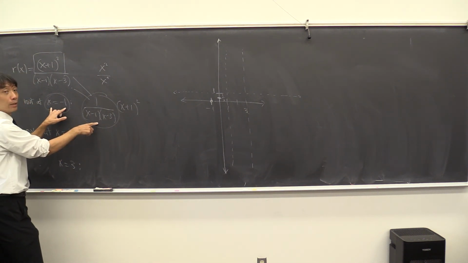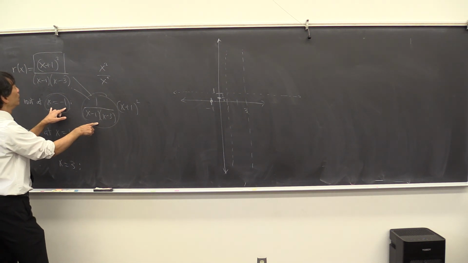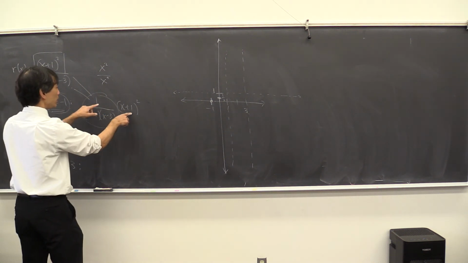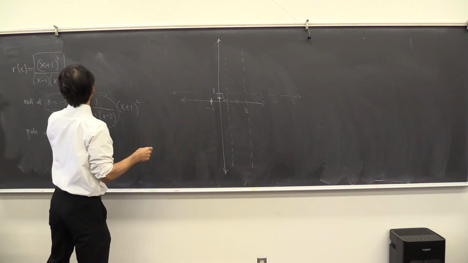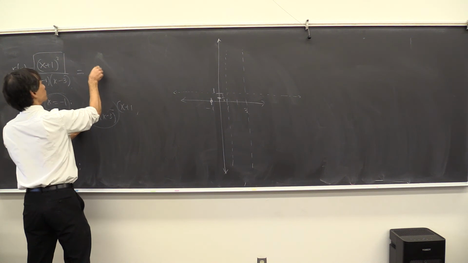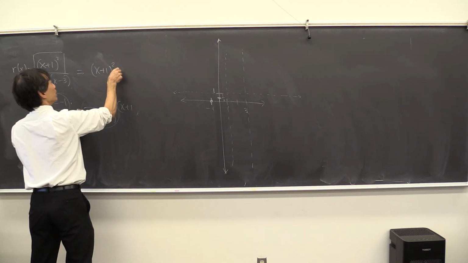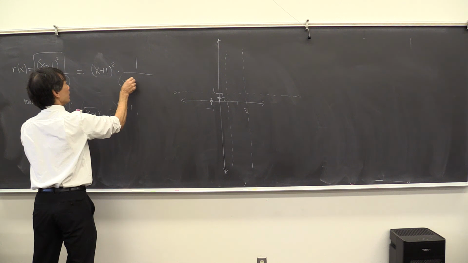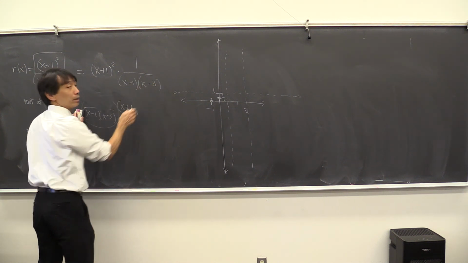Wait, how did you get the 1 on top? So this is the same thing as x plus 1 squared times 1 over x minus 1, x minus 3.